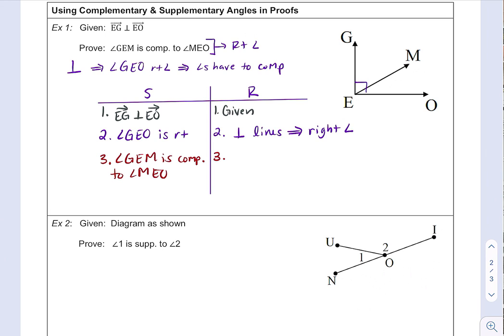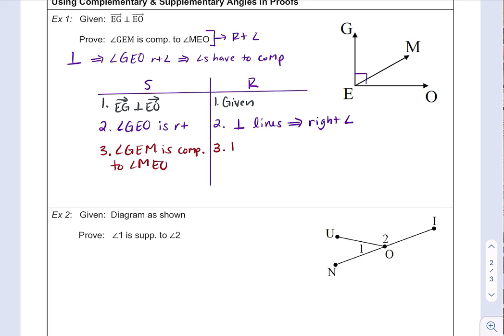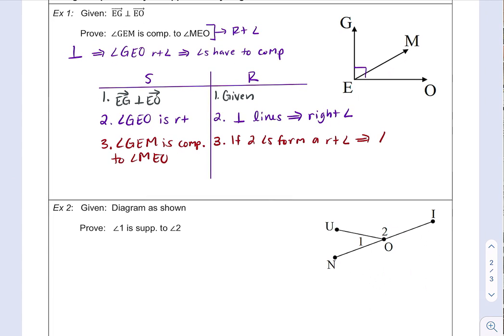If you're having troubles with this, scroll back up to what that is. This would be: if two angles form a right angle, then, and you can write out then, either one works at this point, the angles are complementary, or you can say comp.